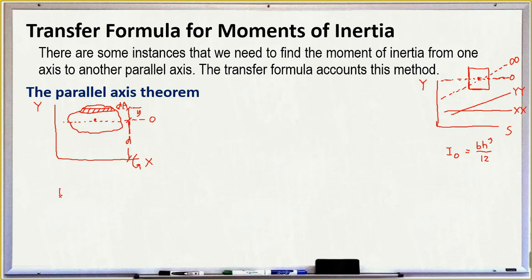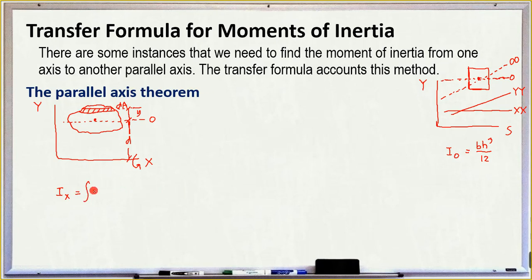So, we have the moment of inertia along x. The moment of inertia along x is equal to the integral of the distance squared times the differential area.